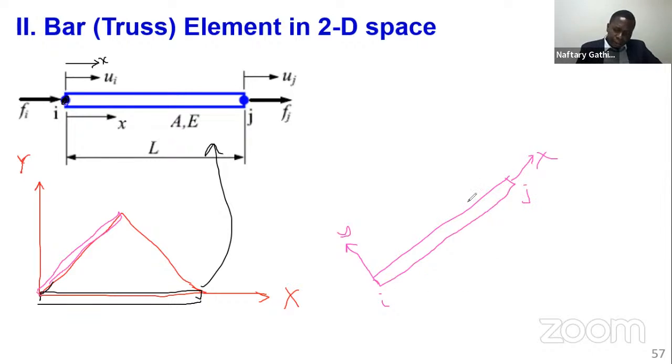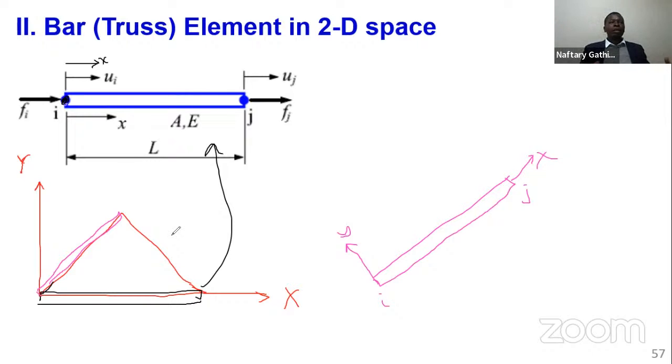Then I would go ahead and analyze, get the stiffness matrix, get the finite element equation formulation for the individual element. But now when I come to assembly, you find these different elements are oriented in different coordinate systems. To be able to assemble our stiffness matrix, we have to bring them to a common coordinate system, which we are calling the global coordinate system.